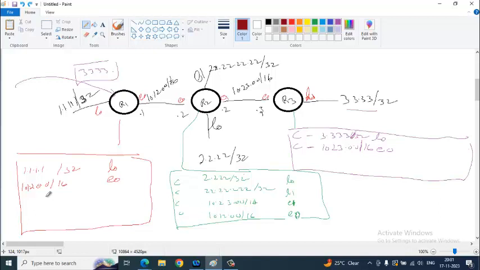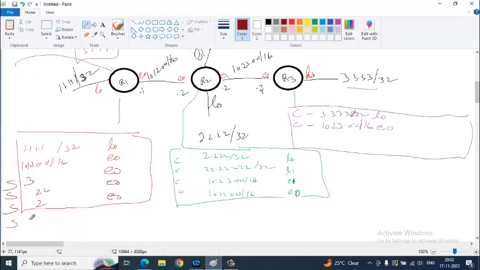So instead of writing a separate line for each network, saying static 3 network go via E0, again static 22 network go via E0, again static 2 network go via E0, again static 10.23 network go via, instead of writing these many lines, we can simply say any network that this router does not know, we call it star, meaning default.